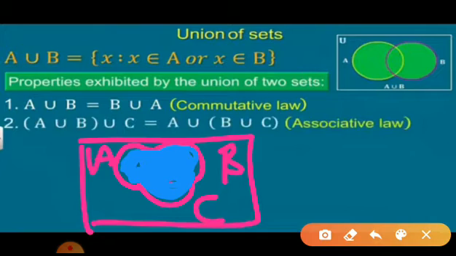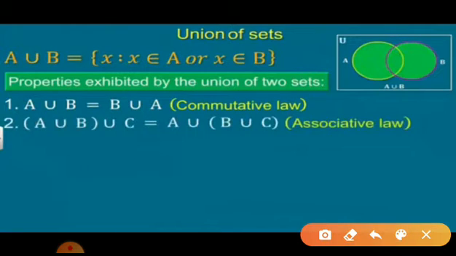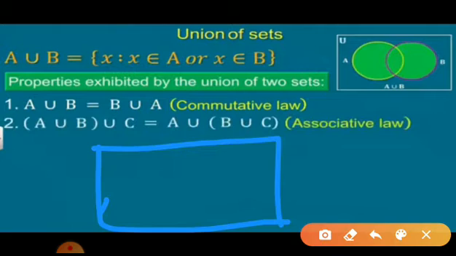This is the portion for A union B union C. Now think for the next one, LHS. LHS is A union B union C.